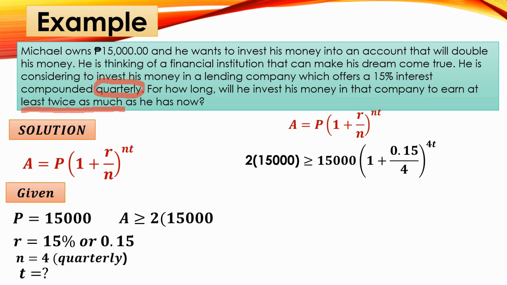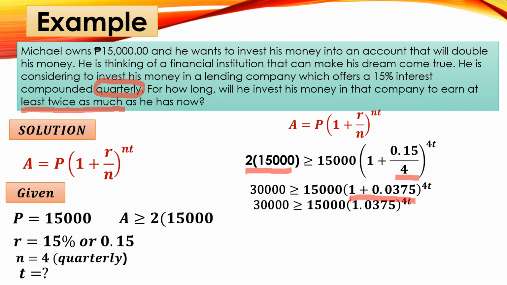So next one is simplify this. So 2 times 15,000 is 30,000 and then 0.15 divided by 4 is 0.0375. Next one is add nyo to. That's why 1.0375. Next is divide both sides by 15,000.